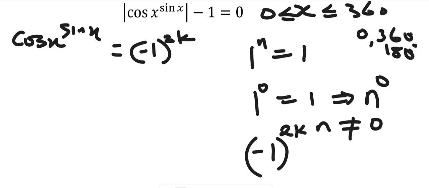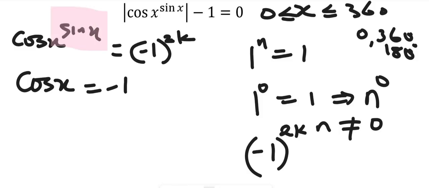So as I was saying, the next thing is to say cos x is equal to minus 1. So when I get my x values, I need to put it into sine x to see if I'm going to get an even number.